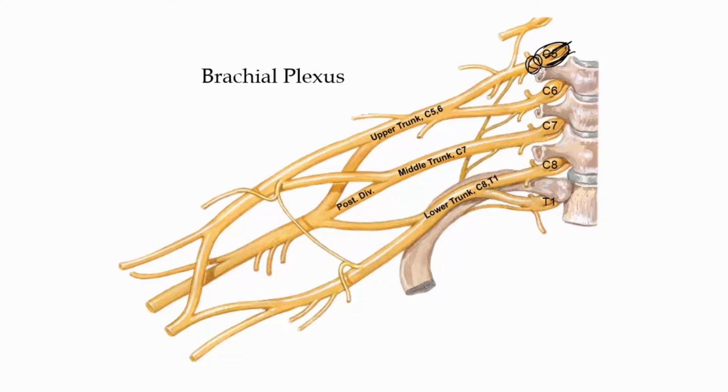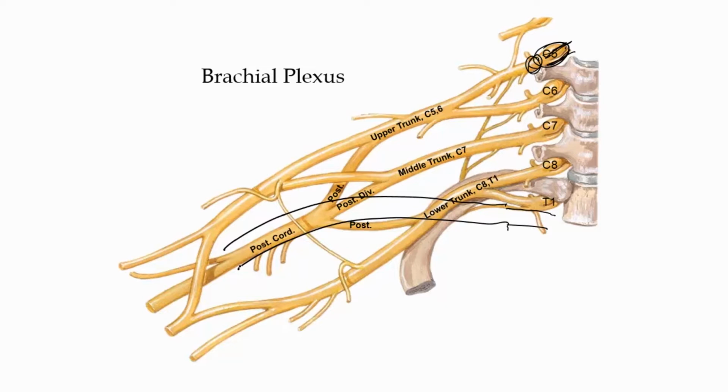Off of each of the trunks, we have a posterior division. These posterior divisions from each one of the trunks will join to form the posterior chord. The reason it's called the posterior chord is the subclavian artery, which we know originated just inferior to where T1 was, will then be placed in that location, just anterior to the posterior chord.